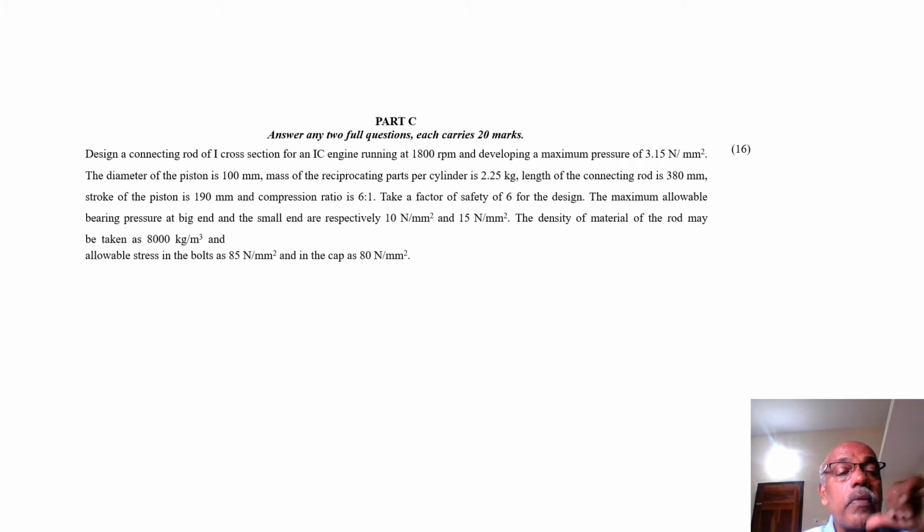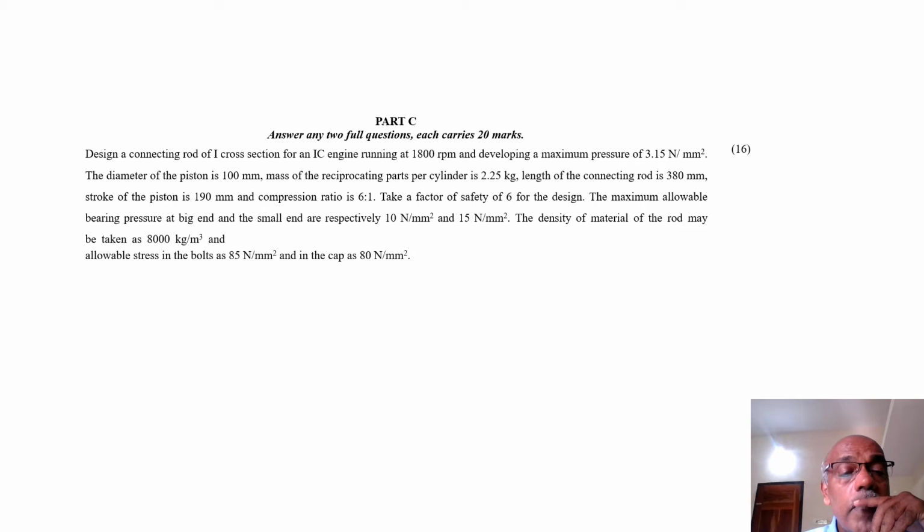Design a connecting rod of I section for an IC engine running at 1800 rpm and developing a maximum pressure of 3.15 Newton per millimeter square. Diameter of the piston is 100 mm. Mass of the reciprocating parts per cylinder is 2.25 kg. Length of connecting rod is 380 mm. Stroke of the piston is 190 mm and the compression ratio is 6:1. Take a factor of safety 6 for the design.